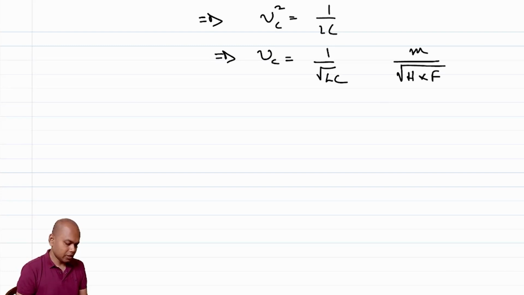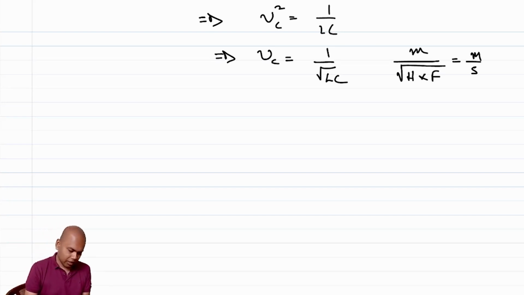Which essentially means that 1 over under root Henry times Farad is nothing but frequency, right? So essentially this has the unit of meter per second. So this is meter per second. So basically it's the velocity, right?